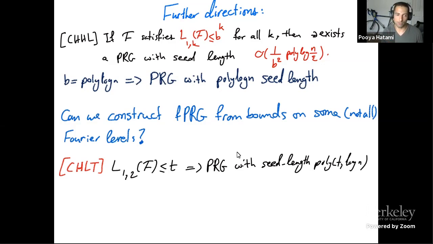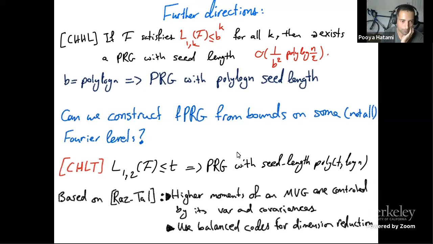Having a bound on only these n choose 2 Fourier coefficients at the second level, showing that they sum up to at most some quantity t, we can construct a pseudorandom generator that has seed length polynomial in t and log n. I'm hiding the dependence on epsilon because it's not good. It's polynomial, not logarithmic in epsilon.